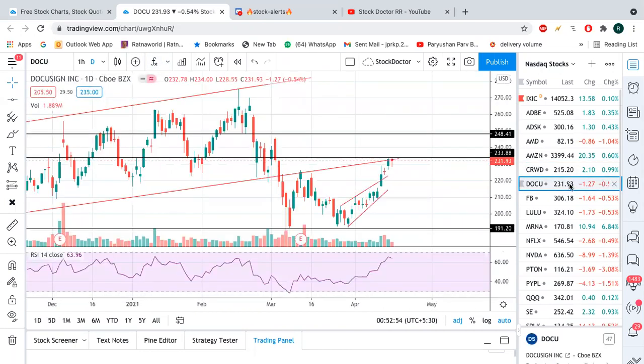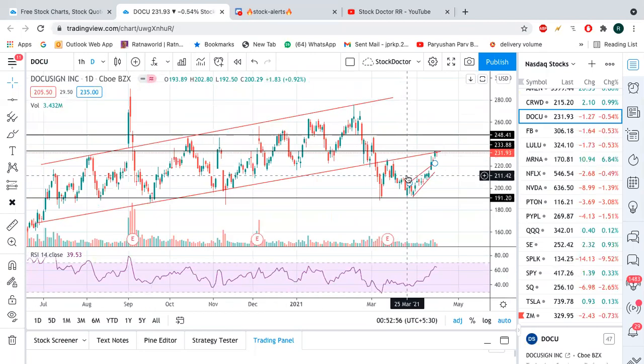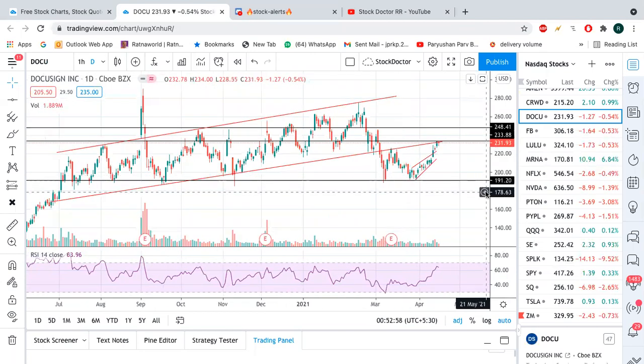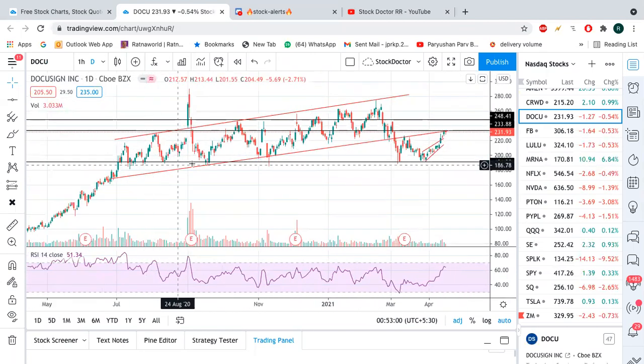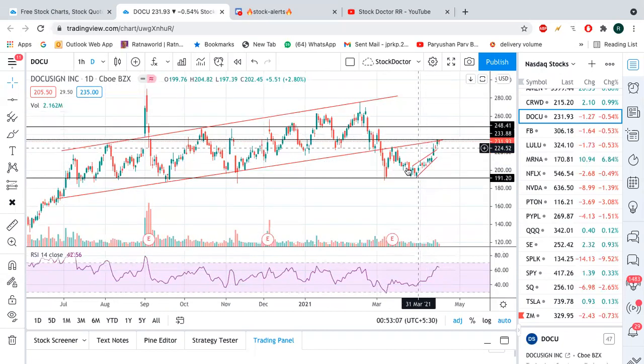The next stock is DOCU. DOCU was trading in this zone very nicely in this channel. Then it broke this channel and now it started picking up.